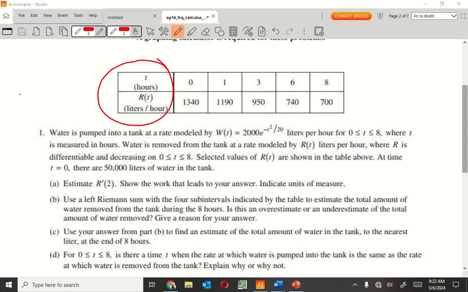So water is pumped into the tank. If I have a tank and a water faucet, water is going into the tank.